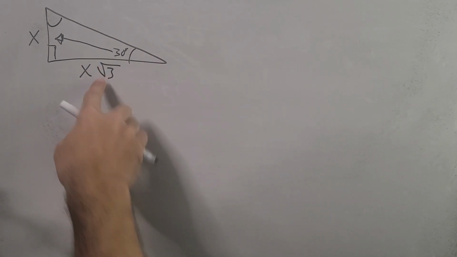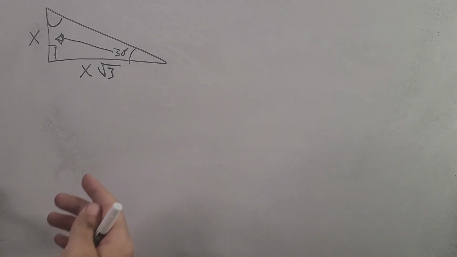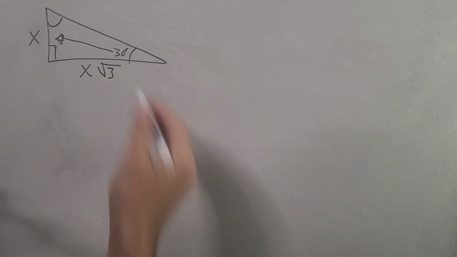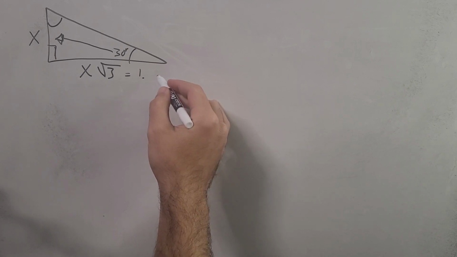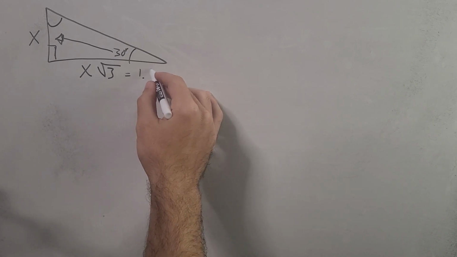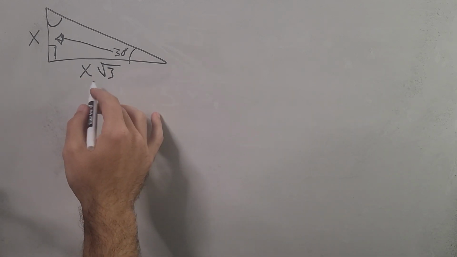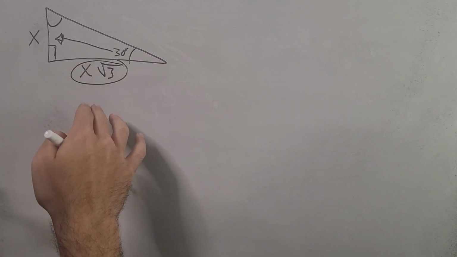You don't have to understand what the square root of 3 is, but if you multiply x by a number that's greater than 1, it is going to be a bigger number. And the square root of 3 is bigger than 1. It's about 1.7. Anyway, so when you multiply this, you're going to get a larger side. So this needs to be on the longer side.